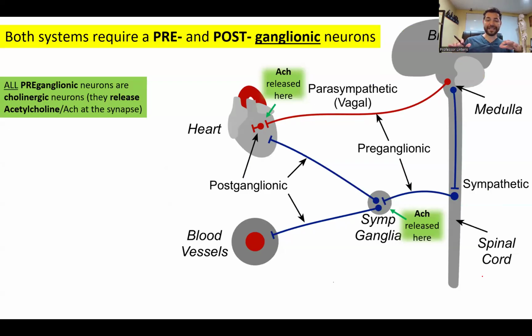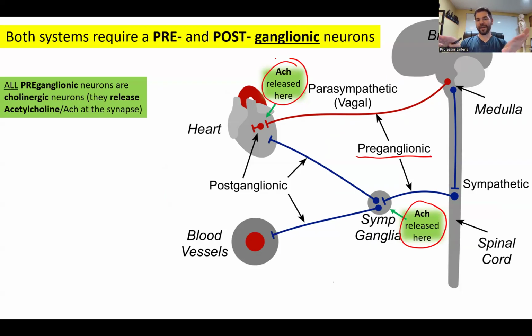So whether it is a parasympathetic nerve or a sympathetic nerve branching off, the preganglionic neurons, and a ganglion is just where they're going to meet. It's a group of cell bodies. Both release ACH, right?